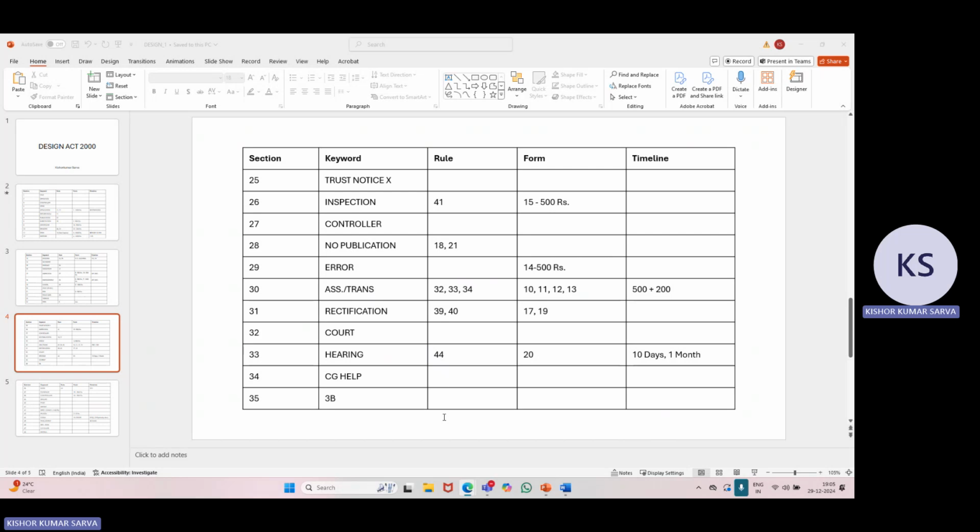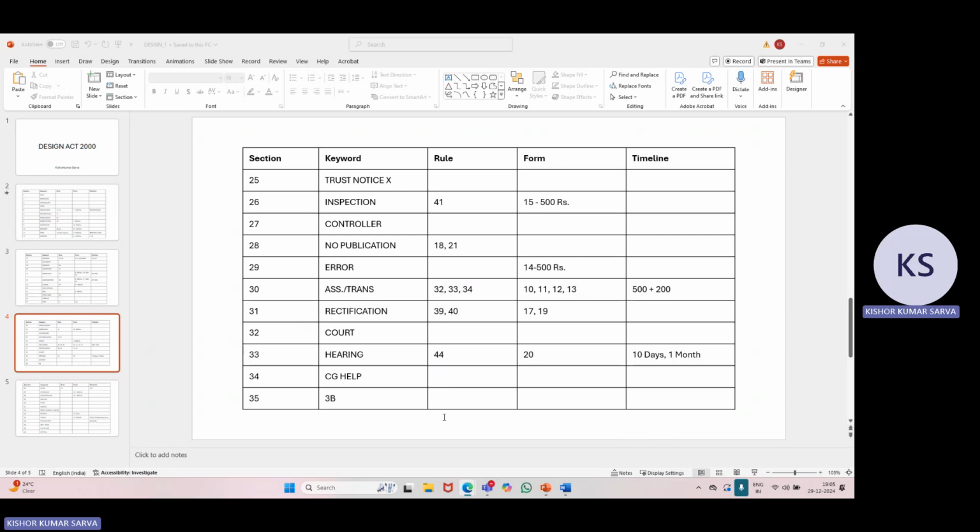Now, in case of rectification, if you want to rectify anything, section number 31 talks about it. If there is a mistake in your application and you want to rectify it, then the rectification of that specification is done by filing form number 17, whose charges are 500 rupees.